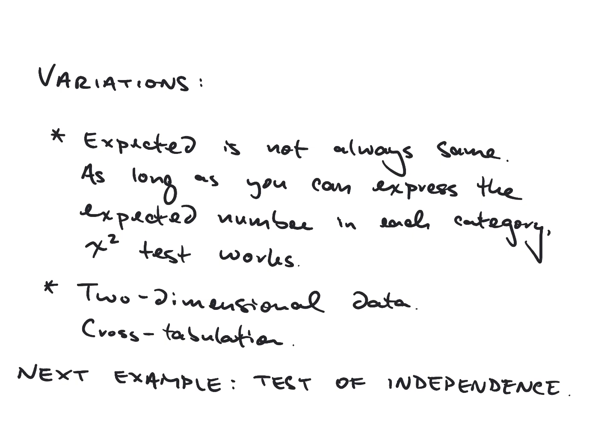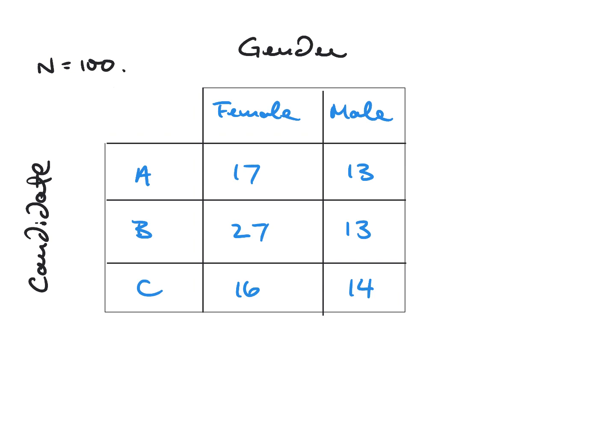We're going to use the chi-squared test to check whether two variables are statistically independent. So, here's my hypothetical example. We go out and we survey 100 people, N equals 100 in total. And we ask their preference for a candidate, A, B, or C. We also ask whether the person is male or female. And we count up the number in each category. Imagine these are the data we get.